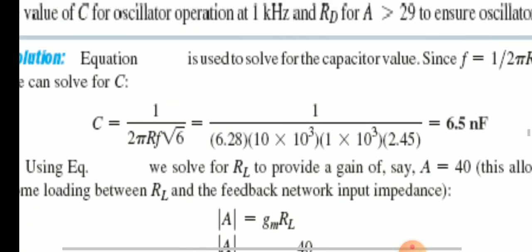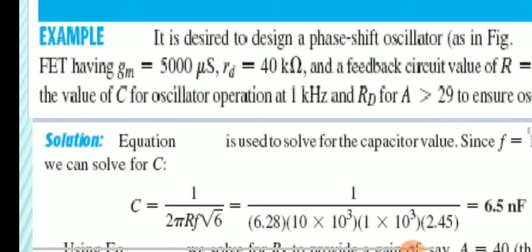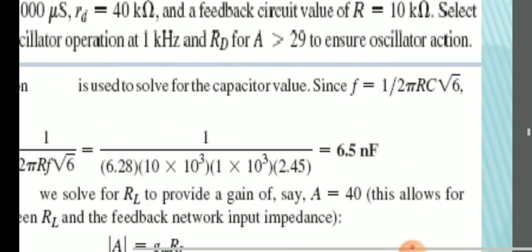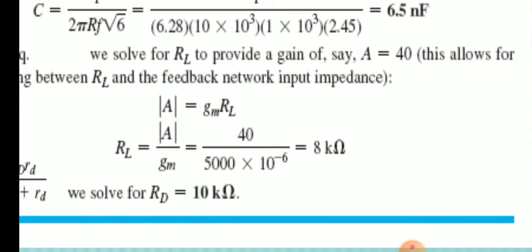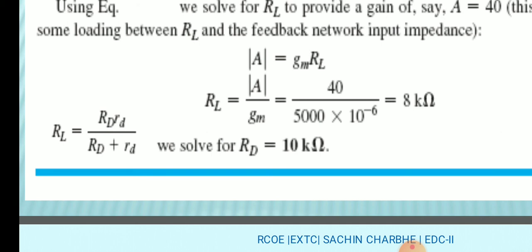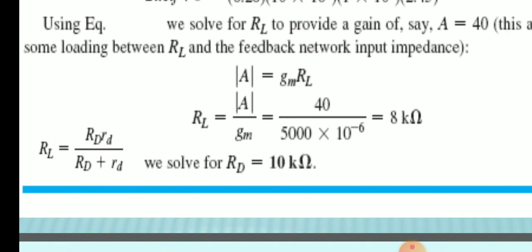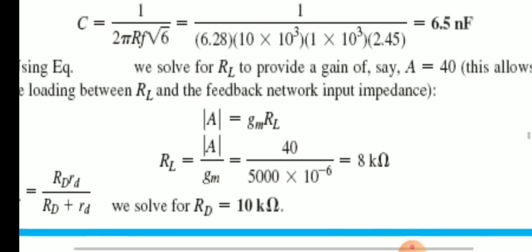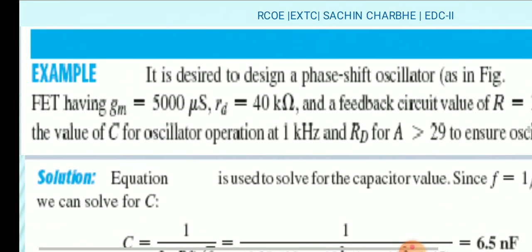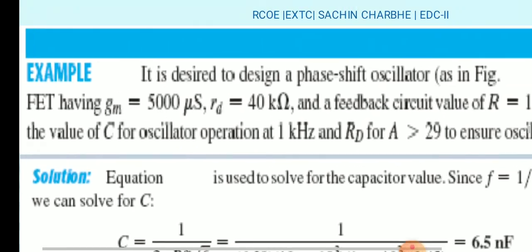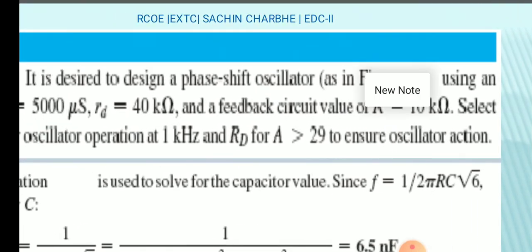So the load resistance is given, and we have to calculate its value. We have to solve it for RD equals 10 kilo ohm, that value is given, and small rd is also given.